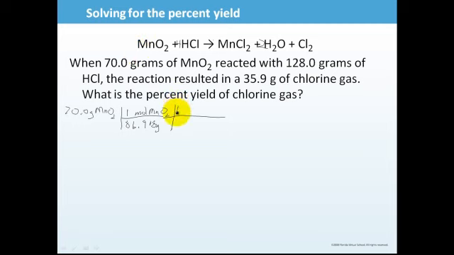So we have a nice easy ratio here, just 1 mole of the Cl2 for every 1 mole of MnO2.